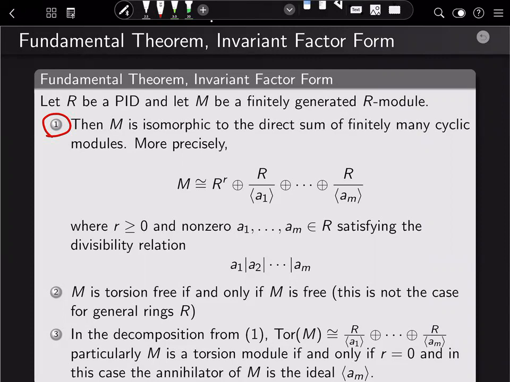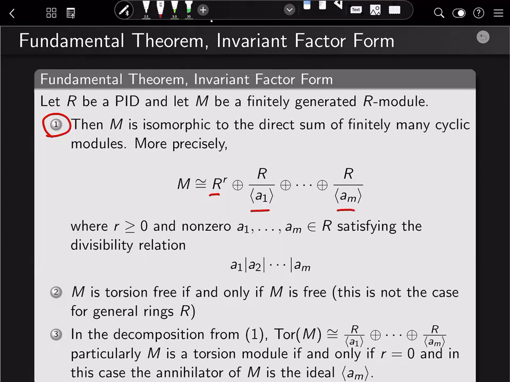So what does the first part say? We have R as a PID, M is a finitely generated R module, and M is isomorphic to the direct sum of finitely many cyclic R modules. So precisely this means that M is isomorphic to R to the r, some free module. So this R to the r is a free R module. And then we have these cyclic modules.